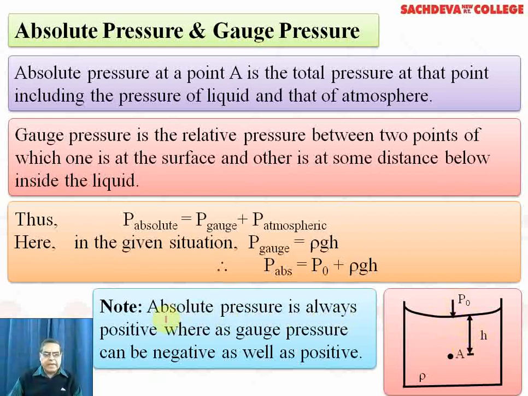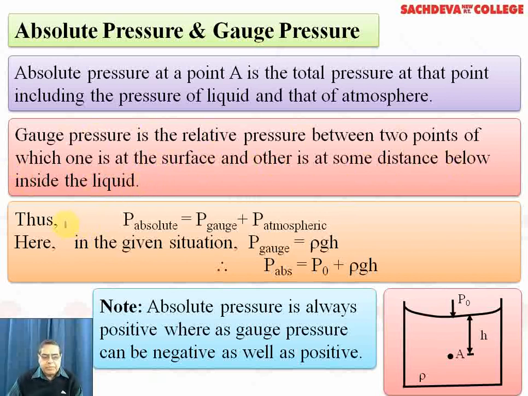Absolute pressure at A is the total pressure at that point, including the pressure of the liquid and that of the atmosphere. The second, gauge pressure, is the relative pressure between 2 points, of which one is at the surface and the other is at some distance below inside the liquid.